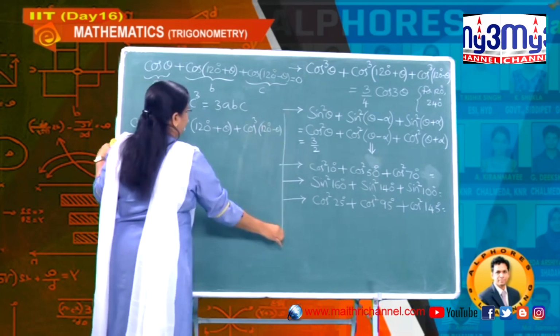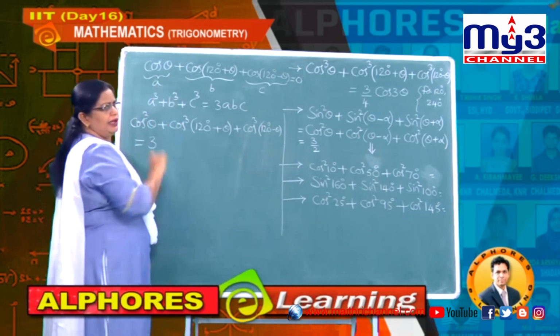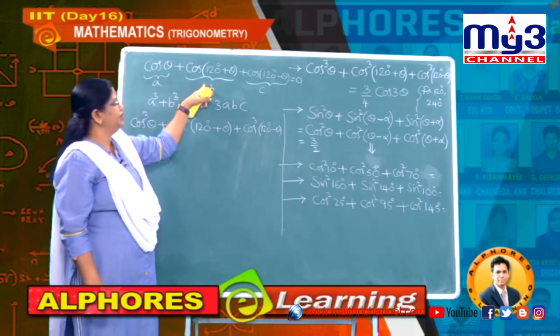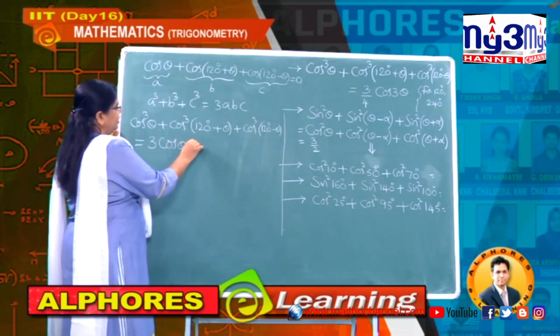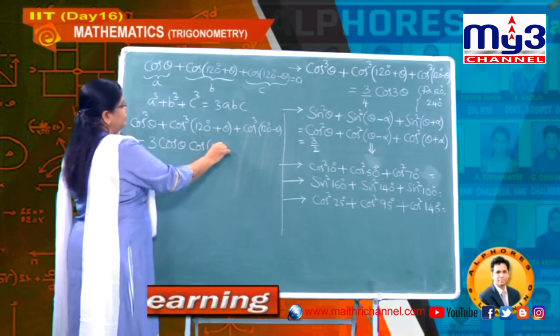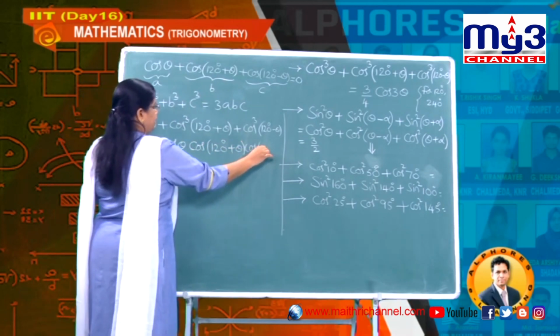It is nothing but 3 times abc. What is our a here? Cos theta. B is this, c is this. So let's substitute cos theta into cos of 120 plus theta and into cos of 120 minus theta.